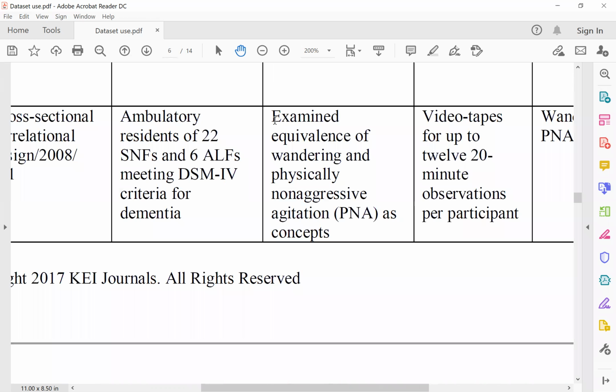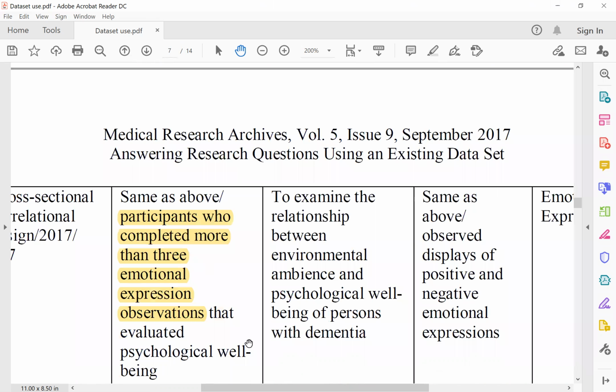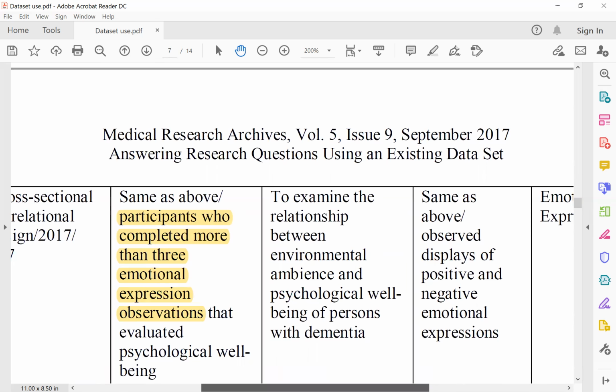In the parent study, they examined equivalence of wandering and physically non-aggressive agitation as concepts. In the secondary analysis, they examined the relationship between environment, affect, and psychological well-being of persons with dementia.